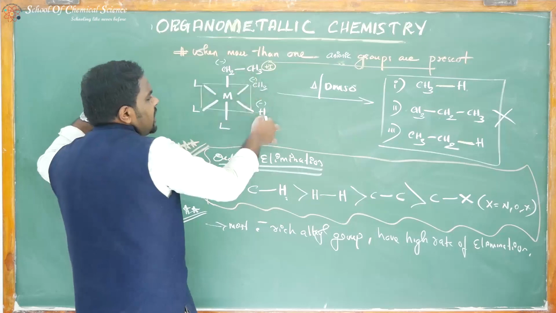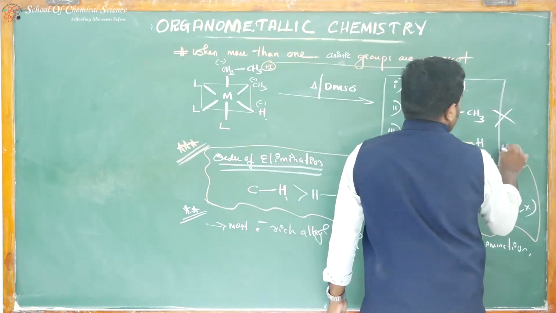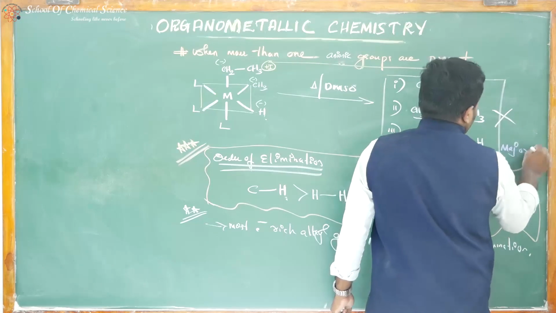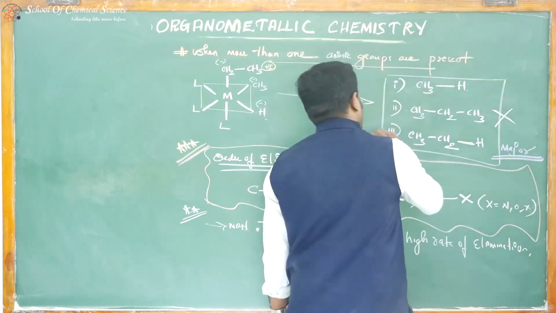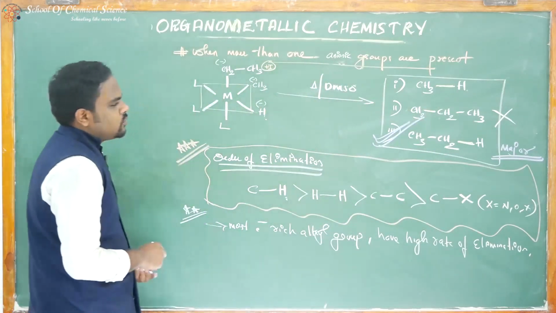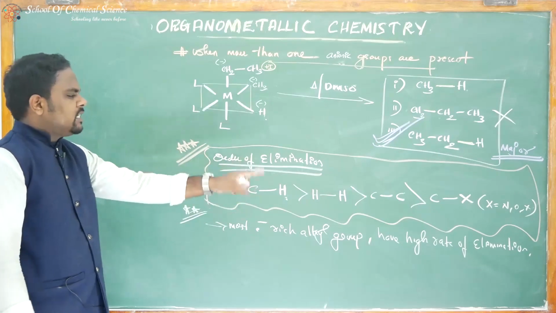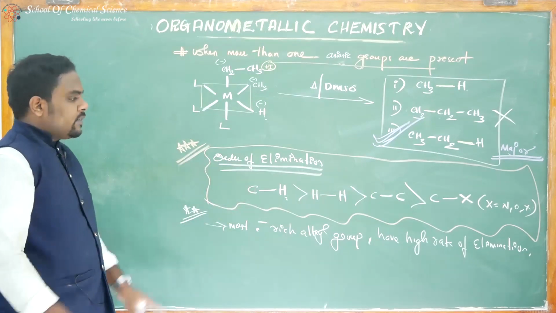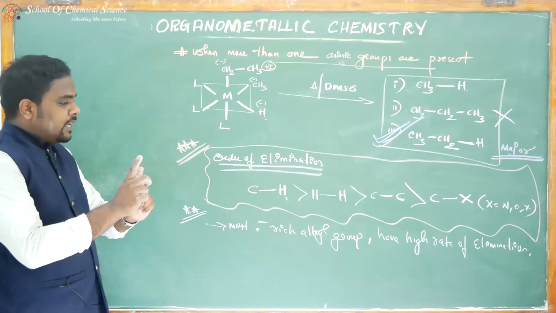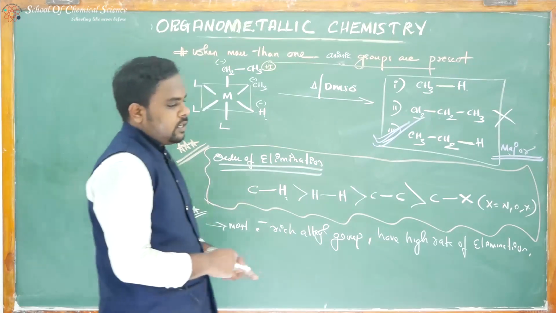So definitely ethyl elimination is favored. That means CH3CH2H will be your major product. Very important. So this is the order of elimination. Please note this point: CH, HH, CC, CX. When two alkyl groups are there, the more electron rich alkyl group has a high rate of elimination.